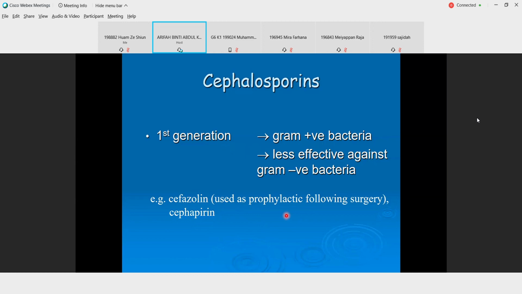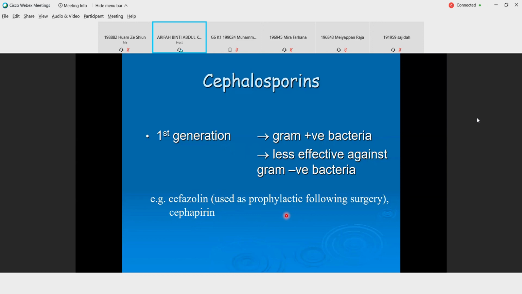You will expect that when you open up, there are a lot of bacteria in the air and it can get easily contaminated. Therefore, before the bacteria set in and cause a secondary bacterial infection, some antibiotics are used as prophylaxis. That means before the bacteria set in, you already start on antibiotics.